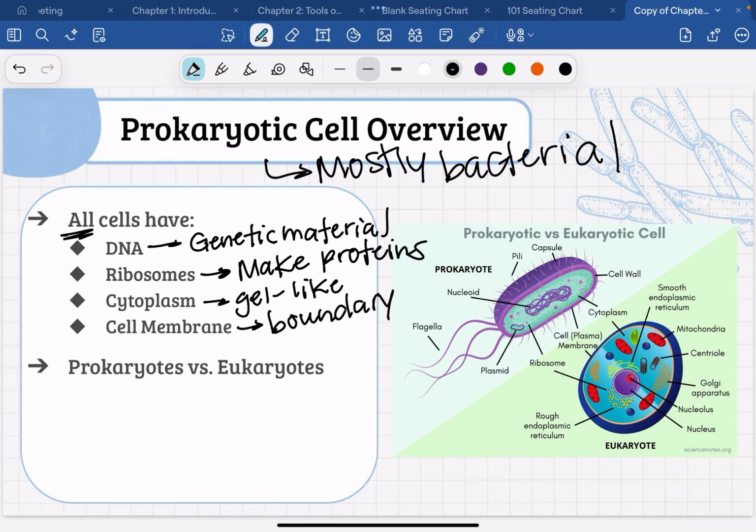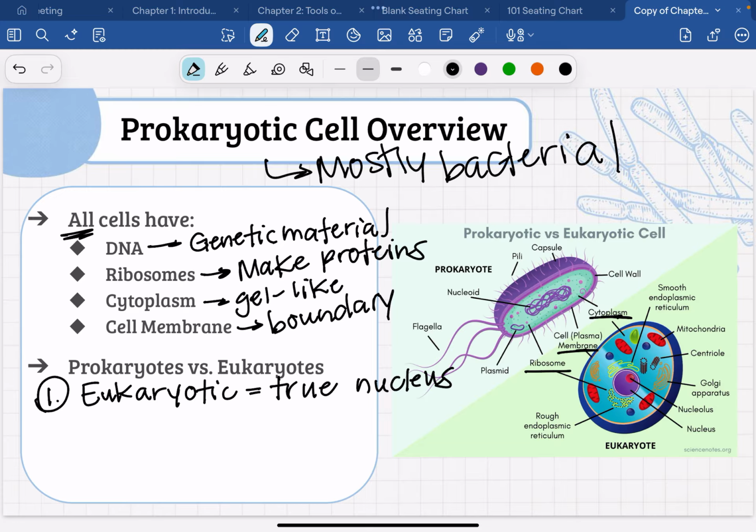So prokaryotic cells, again, all things they have in common, they all have ribosomes, plasma membrane, cytoplasm, and then DNA, which is not on this diagram. The biggest difference and the most identifiable difference between prokaryotic and eukaryotic cells is that eukaryotic cells have what we call a true nucleus.